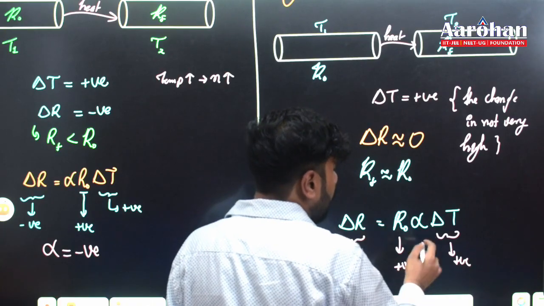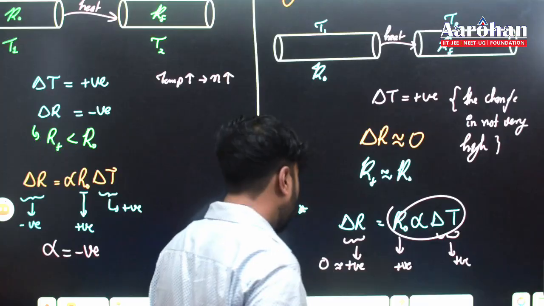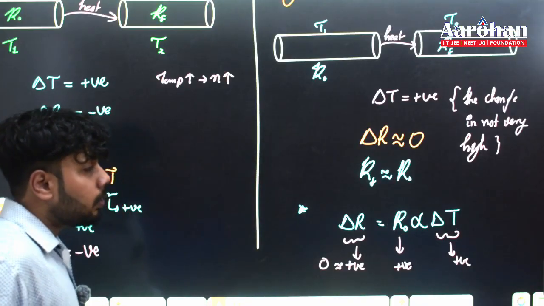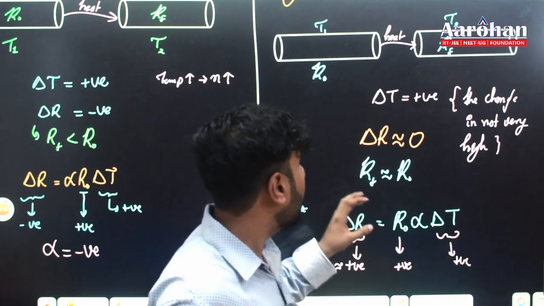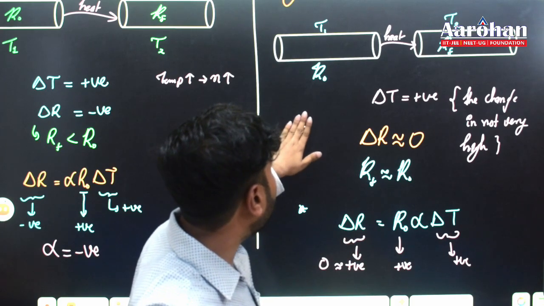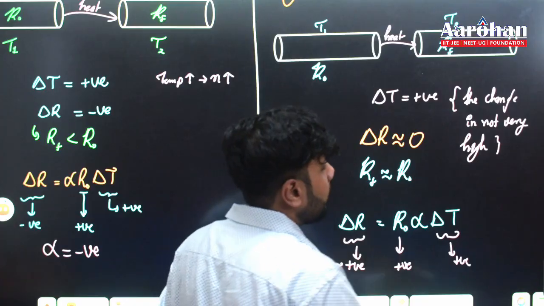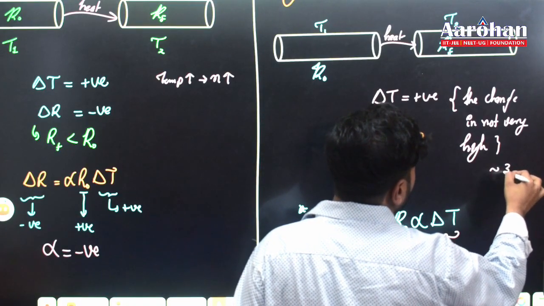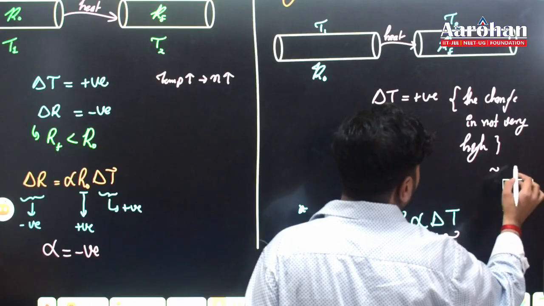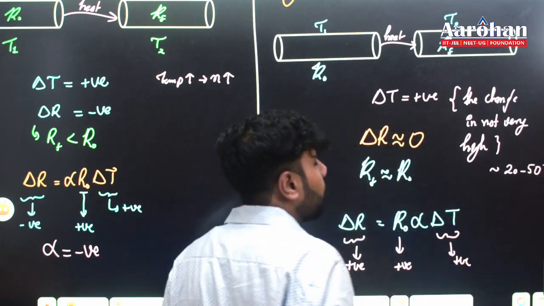right, but non-zero. So this combined equation can only come to be 0 when you take this very small, this very small, or this very small. Here R naught won't be that small, and the change in temperature is small but not very small; we are talking about a range of around 22, or 20 to 50. So delta T is also not very small.